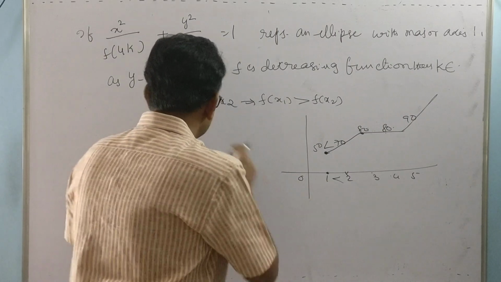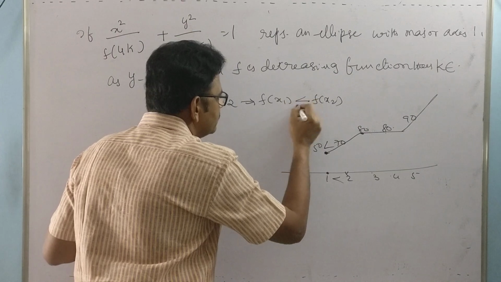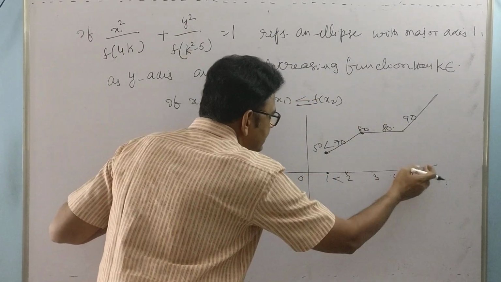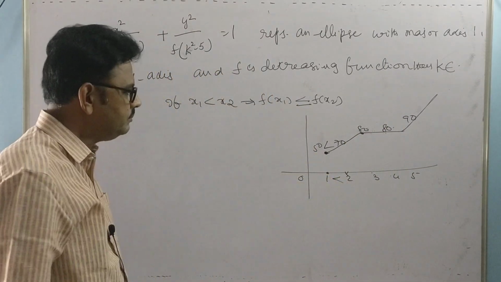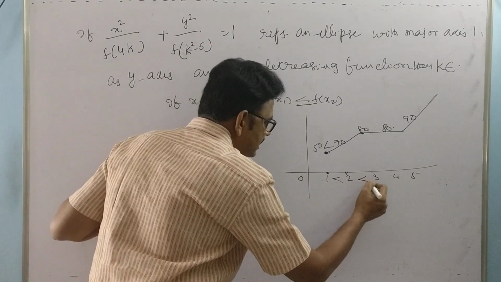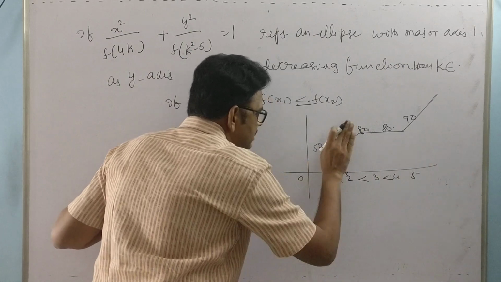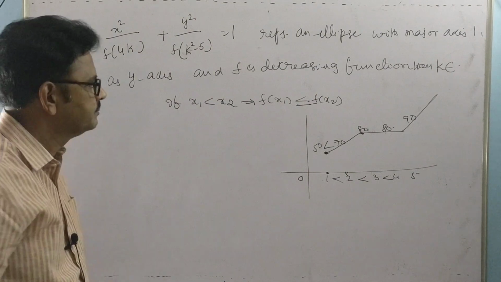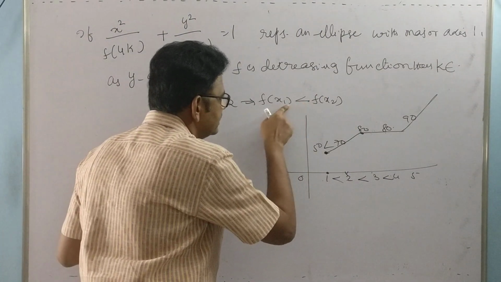So if x1 is less than x2 implies f of x1 is less than or equal to f of x2, then it is called increasing function or non-decreasing function. There is no decrease in the graph. Exams are increasing, your marks are also increasing or not decreasing. So this is called increasing function, or strictly increasing, like this.